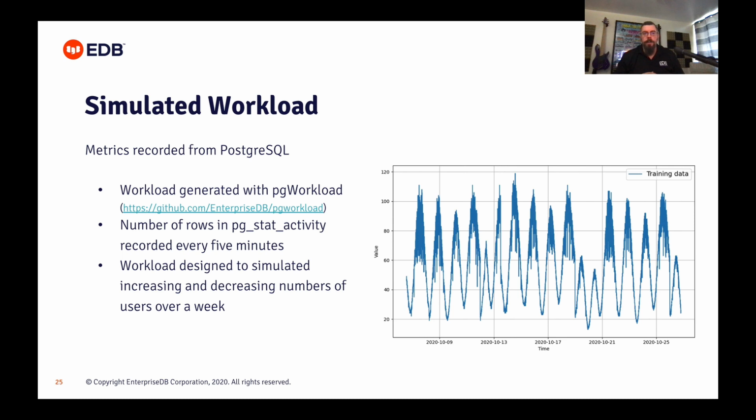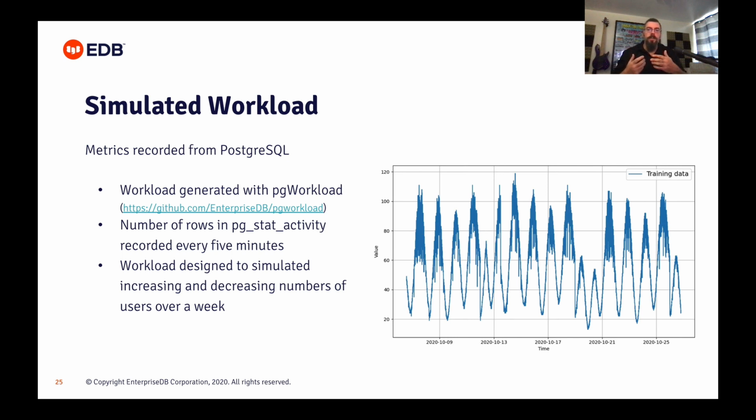What I recorded was simply the number of rows in pg_stat_activity. I had a cron job that ran every 5 minutes and appended to a CSV file with a timestamp and a metric. And the aim here was really to have what admittedly is a fairly simple metric, but easily could have been disk usage or CPU usage or any other metric.